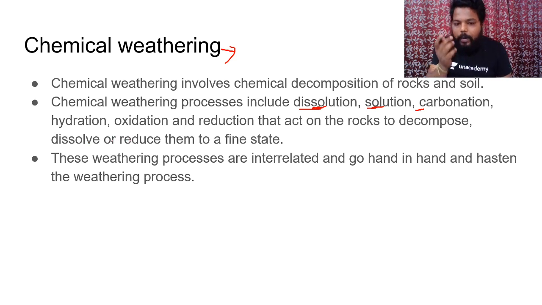I'll give an example. Atmospheric oxygen dissolves in running water. Water already has oxygen, but atmospheric oxygen also dissolves in it. When that dissolved oxygen moves onto rocks which are dominated by iron, the oxygen combines with the iron and we have generation of iron oxide, and that iron oxide is responsible for corrosion of rocks.